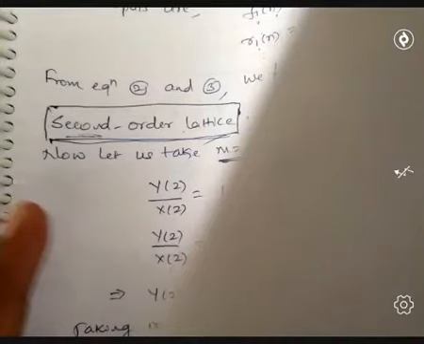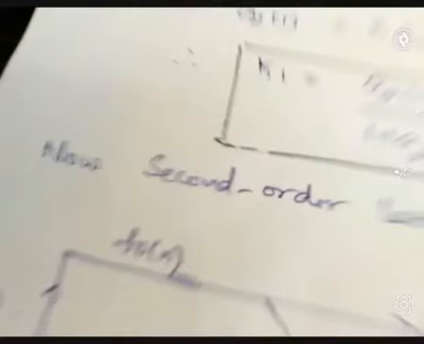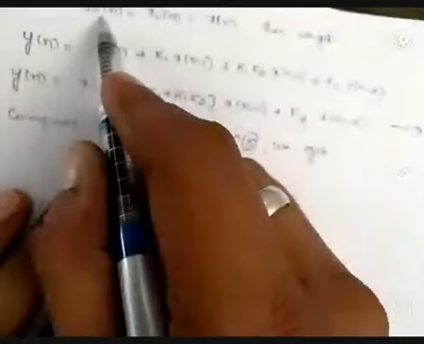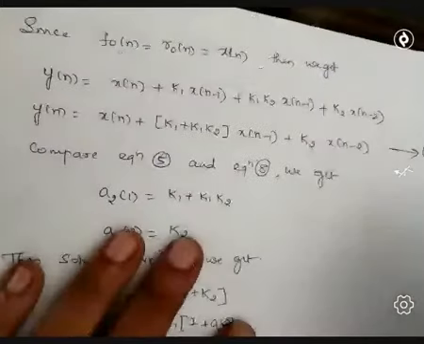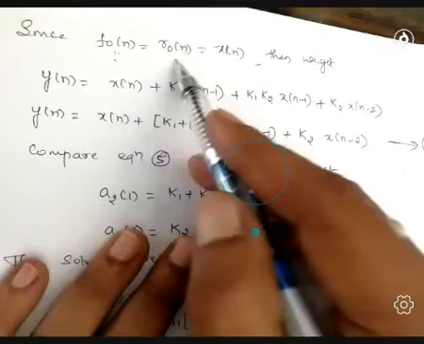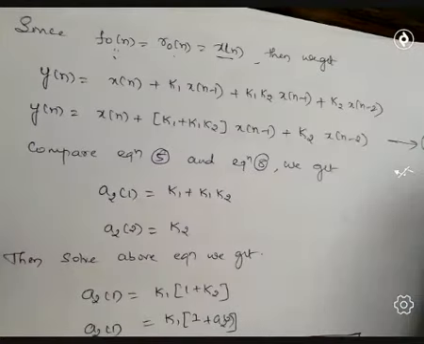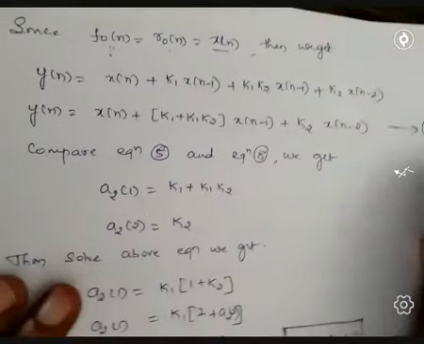So from this equation we are going to calculate. Since F0 and R0 are the inputs, F0 and R0 are equal to x of n. In the equation, wherever F0 and R0 are there, let us substitute x of n.